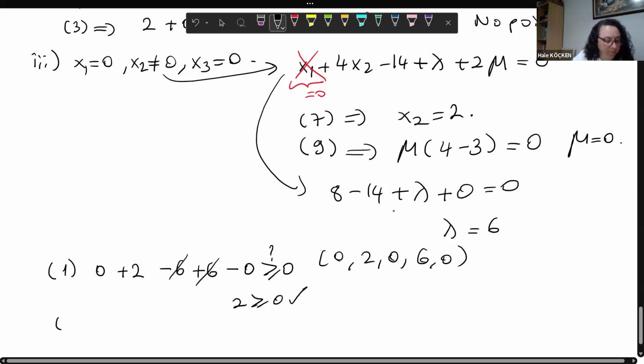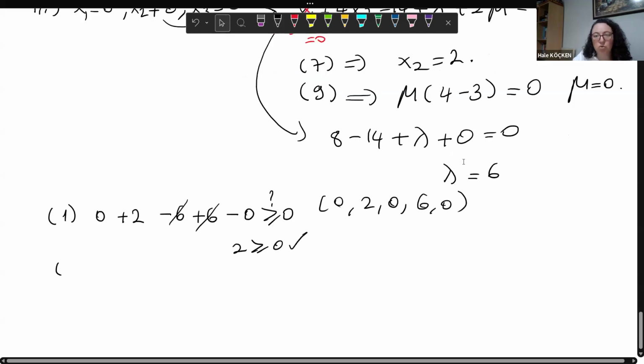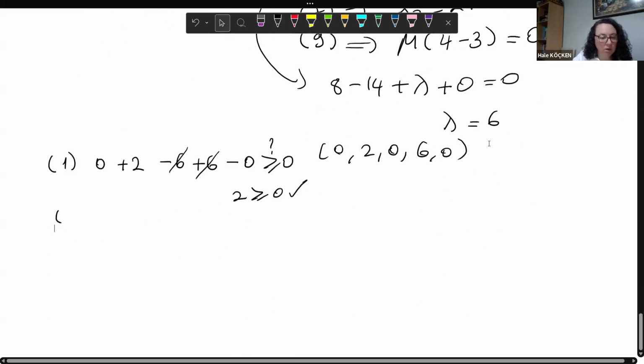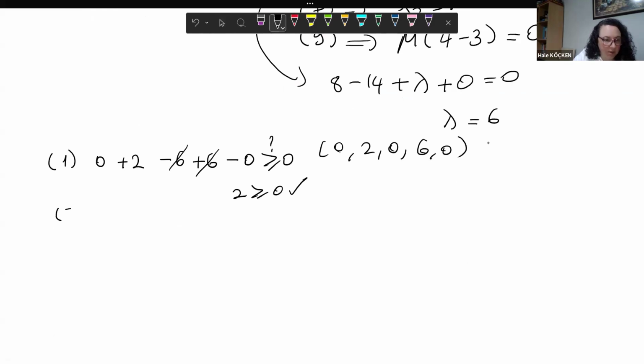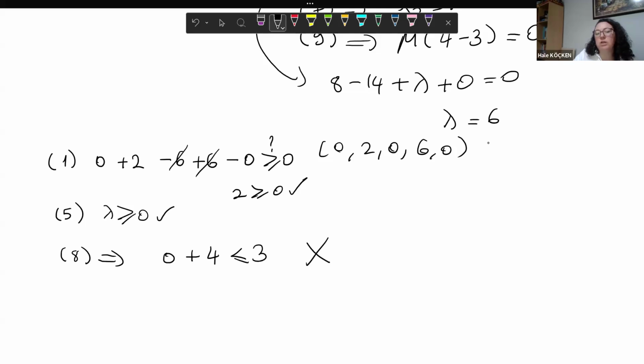What about 3? I don't need to check 3 because I use 3 as an equality here. 3 is automatically satisfied. I need to check 5. Lambda is greater than or equal to 0. It is automatically satisfied here. 7 is satisfied. Let me check 8. Minus x1, 0, plus 4 is less than or equal to 3. That's no point.